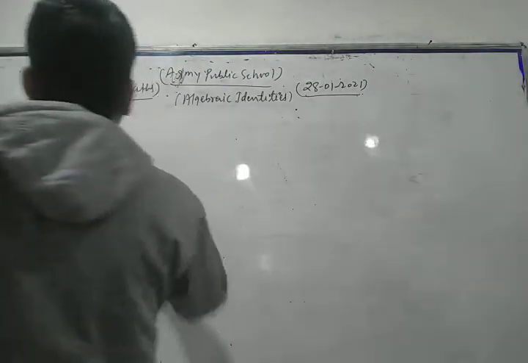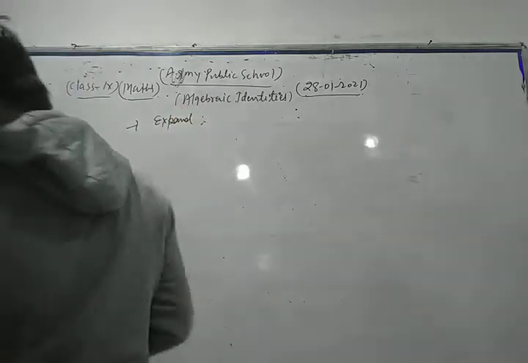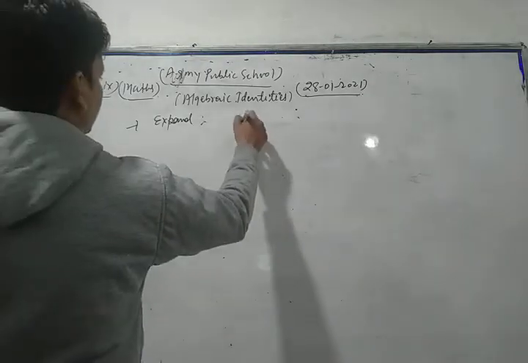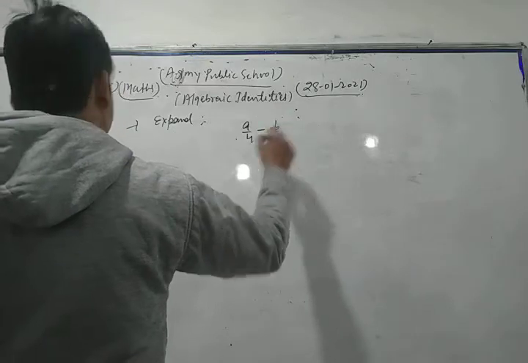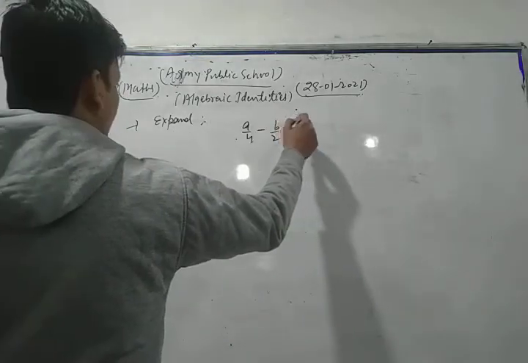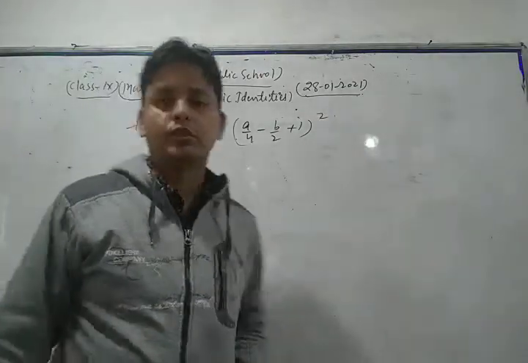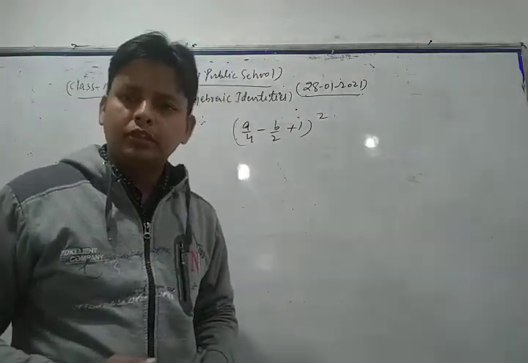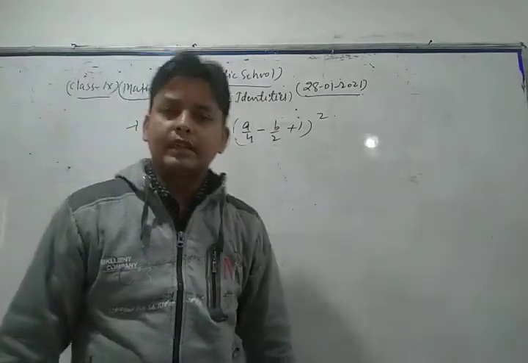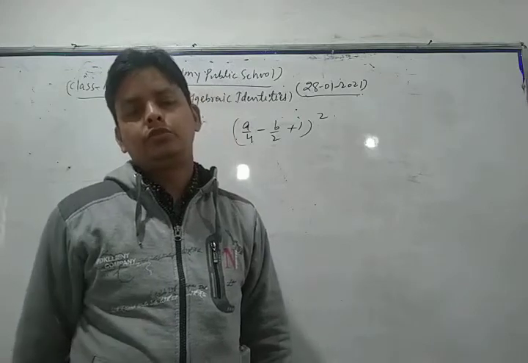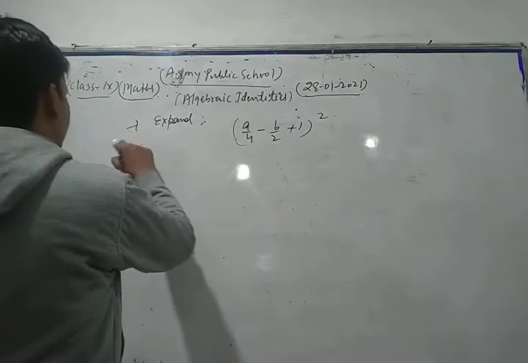Now expand, and your question is, we take an NCERT question, (a/4 - b/2 + 1) whole square. Okay, this is a very important question of your NCERT exercise. In that question, dear students, we just expand this. We use the identity (a + b + c) whole square. So write in this way. Let's see its solution.